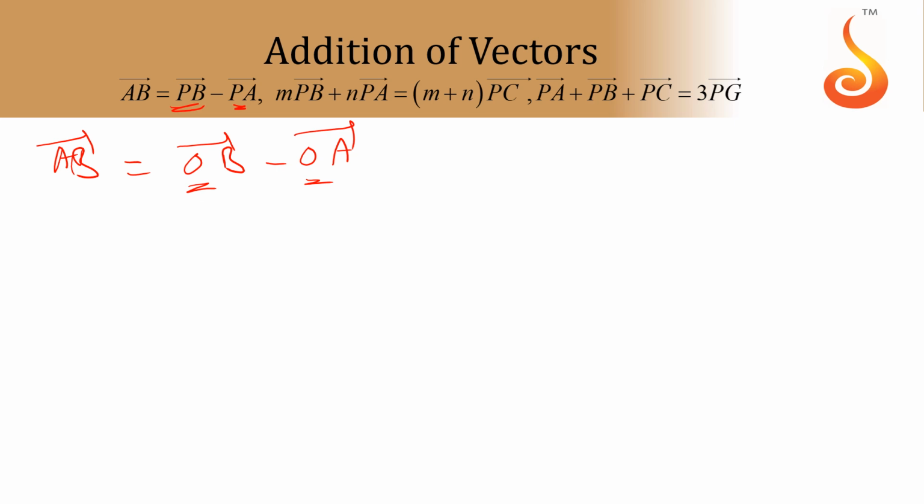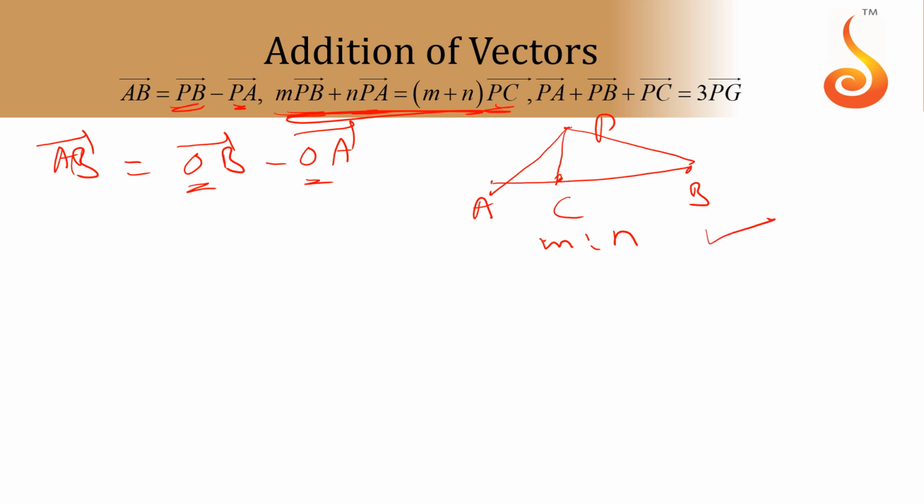Even for the section formula, any point you can take as the base point. Suppose you have a line segment AB, a point C is dividing it in the ratio m is to n, let P be any point, then m into PB bar plus n into PA bar should be equal to (m plus n) into PC bar. Section formula, but taken with any point as the base point.